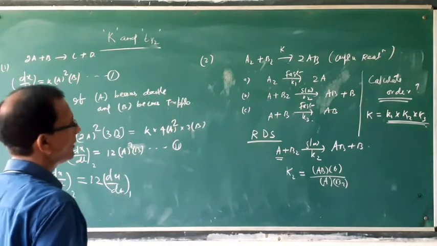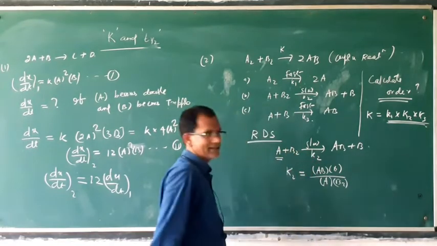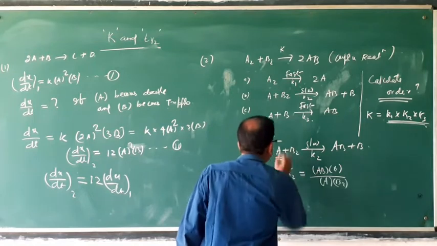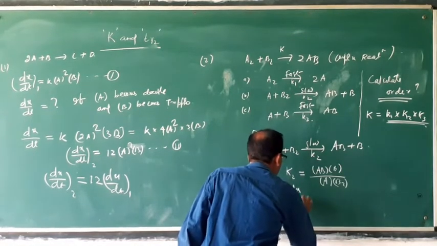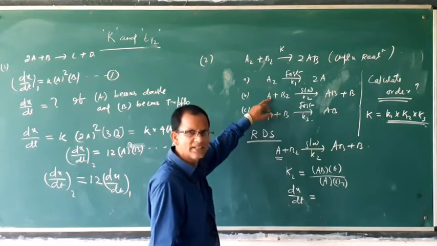This is the K2 expression. But what is the rate? What is the expression of rate? Rate is equal to dx by dt for this reaction, and the second step is the rate determining step.